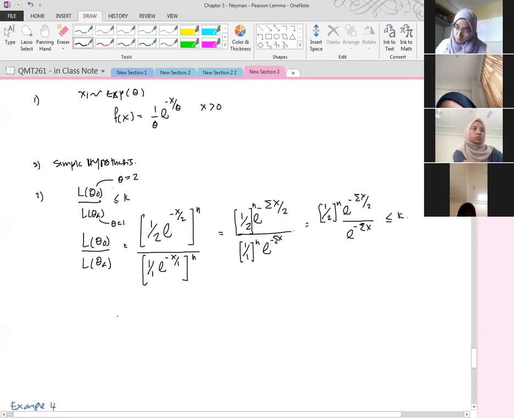So we can do a simplification for this one, right? It becomes 1 over 2 power of n, exponential negative summation of x divided by 2 plus, because we bring this value up, summation of xi, less than or equal to k.